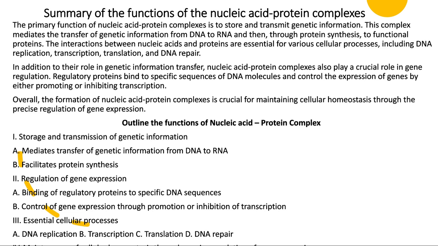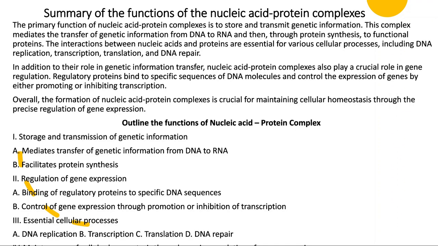Now, the interaction between the nucleic acid and the proteins is essential for various cellular processes, which, as we mentioned before, include DNA replication, transcription, translation, and DNA repairs. In addition, their roles in the genetic information transfer.